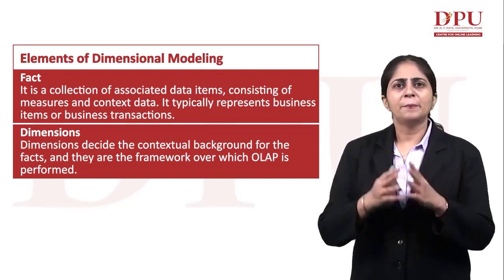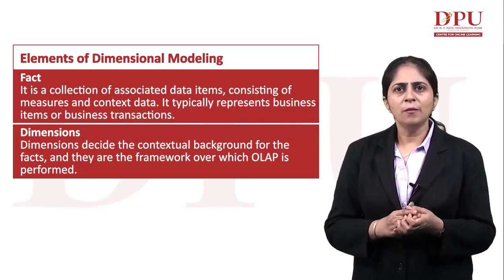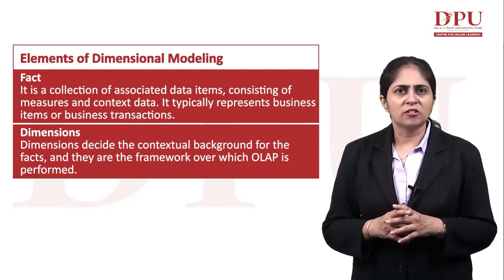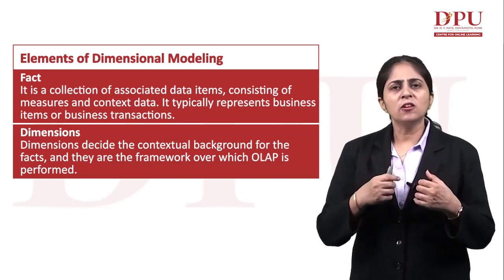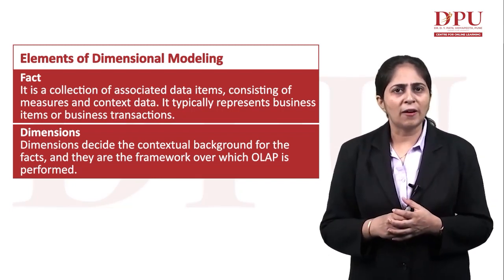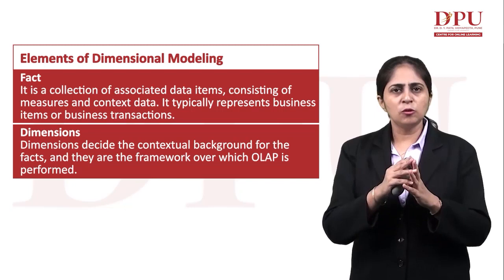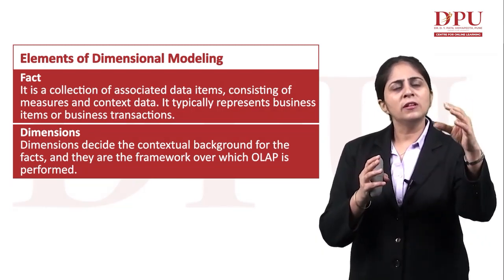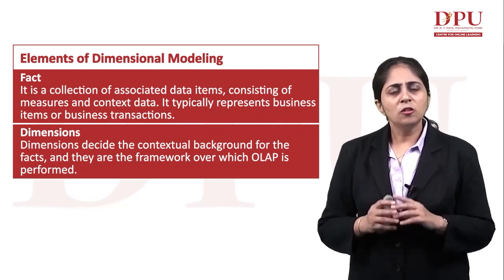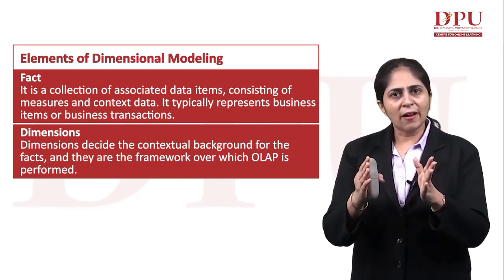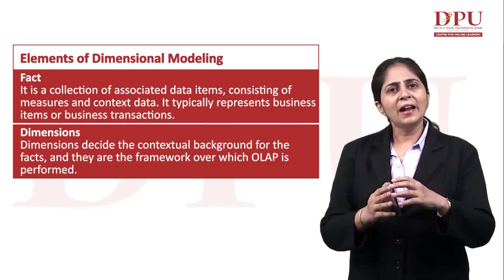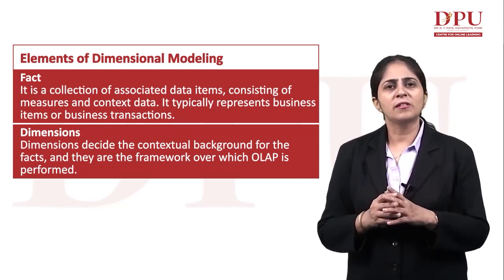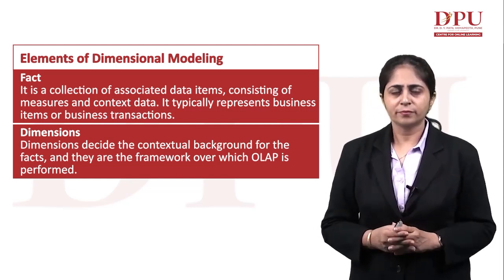So basically a dimension is a collection of data which will describe any one business dimension. They basically decide the contextual background for the fact. Like if you see the area Kolkata, it belongs to the dimension of location. So that is the dimension for it. Our fact there is Kolkata and the dimension for that is the location, representing a particular location.